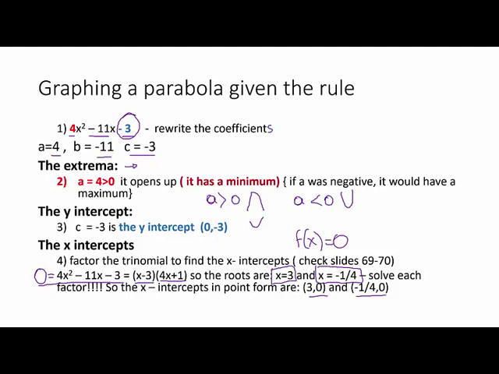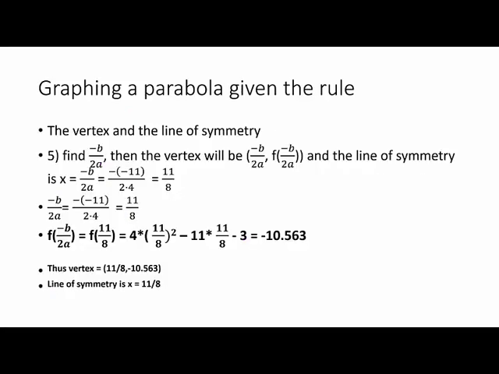So the next step is to find the vertex and the line of symmetry. To find the vertex is simple but tedious, because you need to be very careful with your calculations. The vertex is always (-b over 2a, f of -b over 2a). That's the point of the vertex, and it's always like that. To calculate that for our parabola, since b is equal to -11 and a is equal to 4, we are going to get 11 over 8.